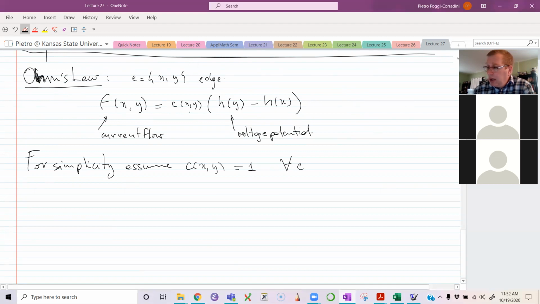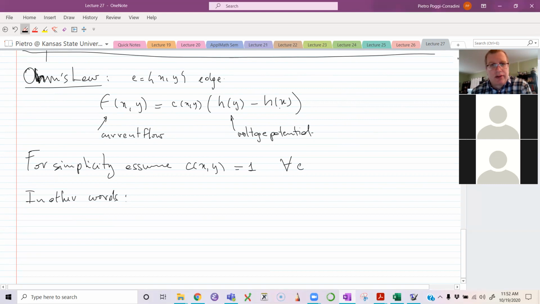If C is 1, what can you say about the right-hand side in Ohm's law? Does that ring a bell?